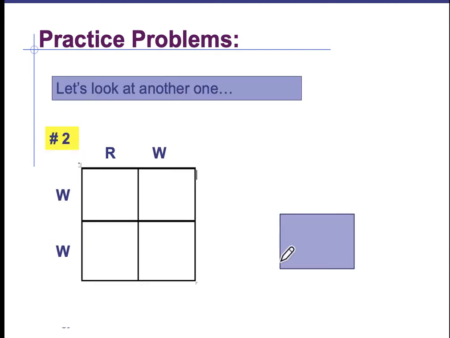So for the next one, I want you to bring your letters down and across. Remember, keep the R on the left and the W on the right. Fill that in, and I'll give you a minute.